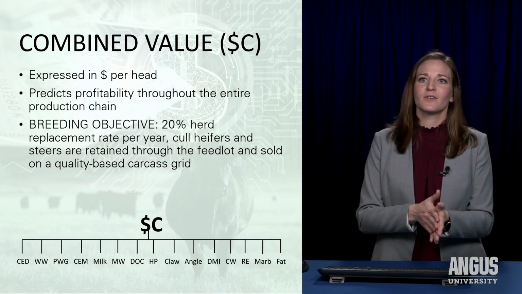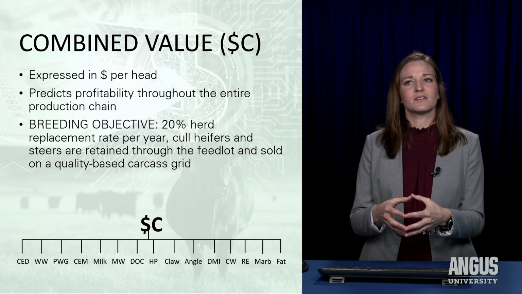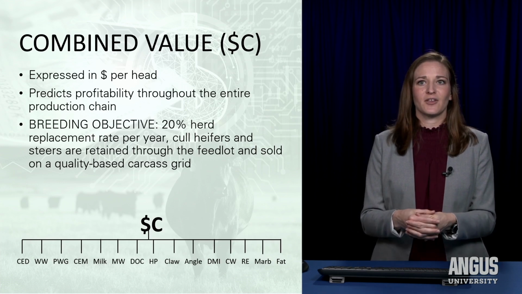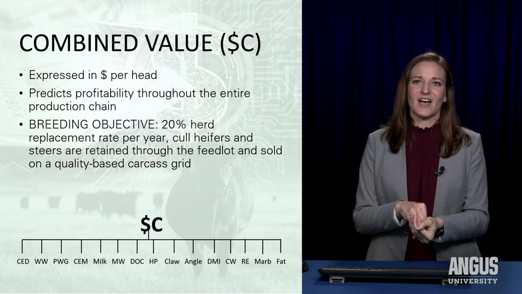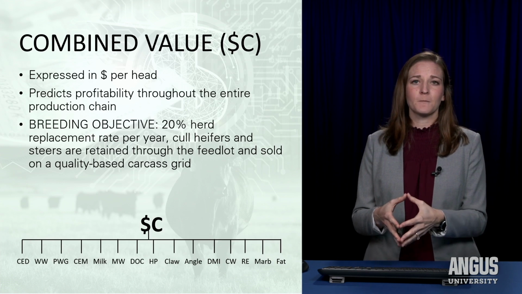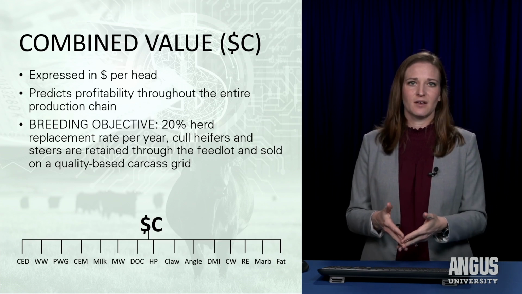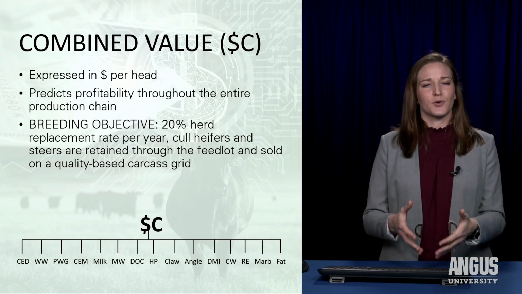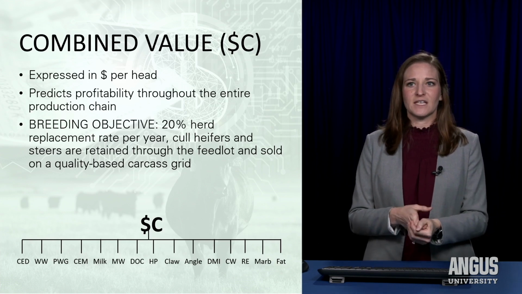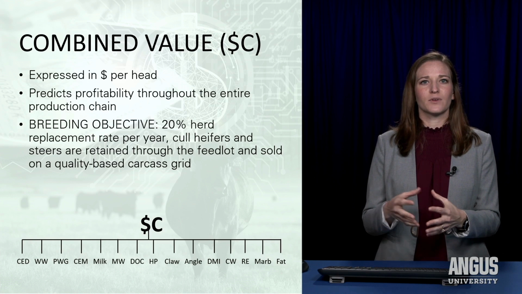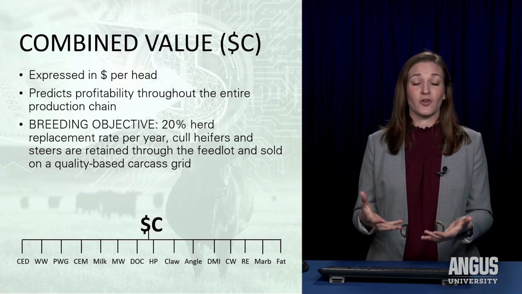So the last dollar value that we're going to take a look at is this $C, or dollar combined value. Again, this is a value expressed in dollars per head, looking to predict the profitability throughout the entire production chain. If we look at the breeding objective built behind $C, it's really combining that $M value and that $B value, right?